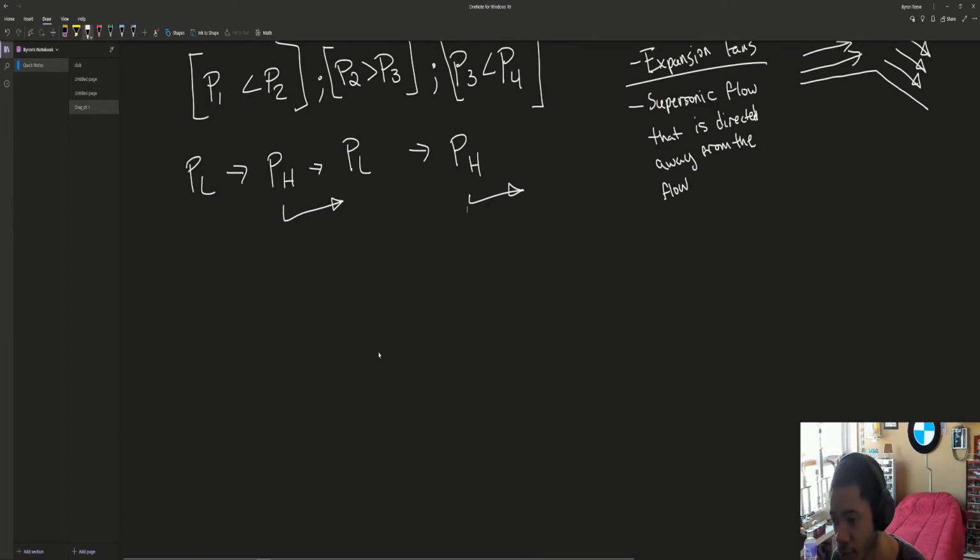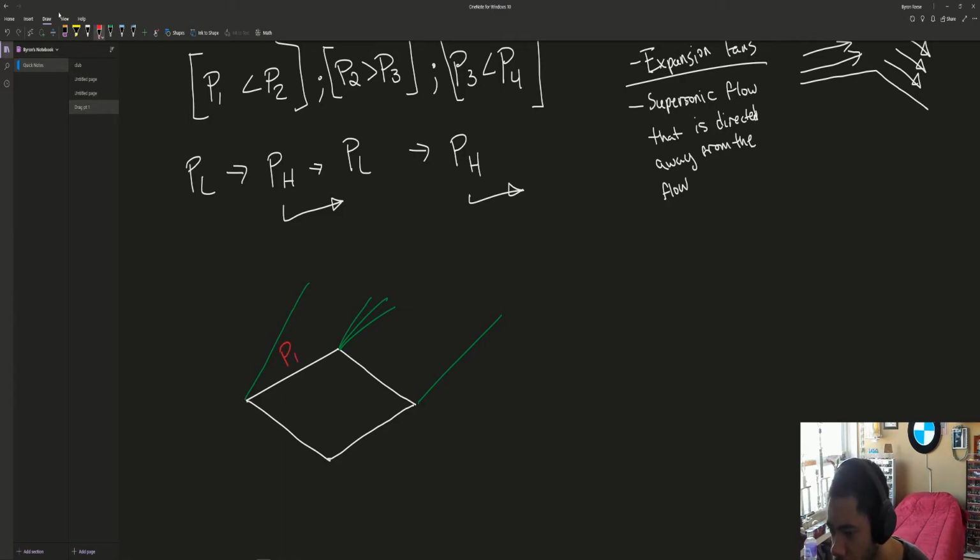So if we look at, for example, a double wedge, we get an oblique shock here, a little squiggle right there, then another oblique shock right here. And you get this region of high pressure right here, region of low pressure right here. This is at zero angle of attack, so it's symmetric, so the shocks will be the same on both sides. Once the angle of attack changes, the shock waves are not the same on both sides.